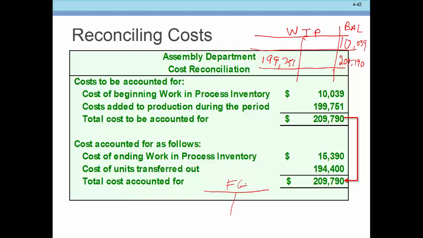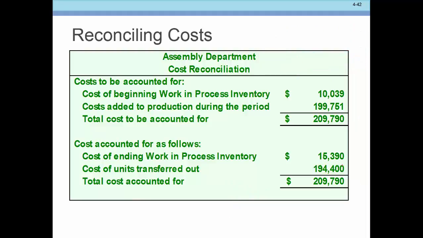Well, how am I going to do that? Well, I have to credit it for the cost of the items that were transferred out for the period, and I've calculated that by taking the number of equivalent units, those units that I'm giving myself credit for having completed, and multiplying that times my cost per equivalent unit, right? Isn't that how I came up with that 194,400?